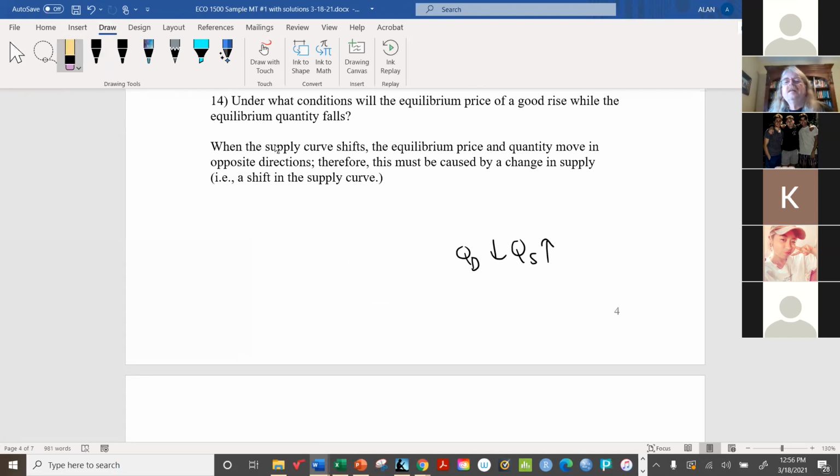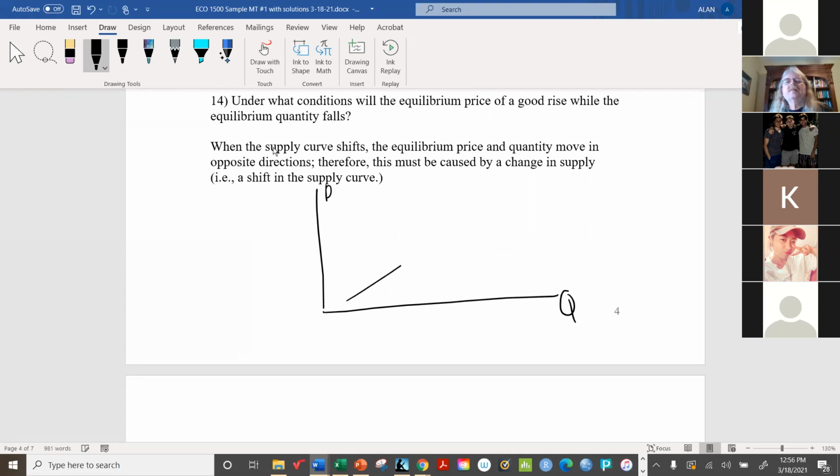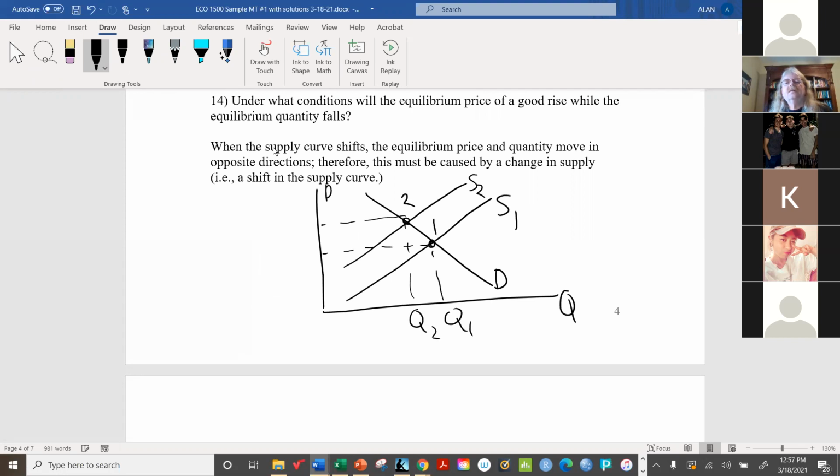But I would say that the best answer is the fact that the supply curve must have shifted to the left, because this will definitely do the job. You could go from here, for example, to here. And here's point 1, here's point 2, Q1, Q2, P1, P2.